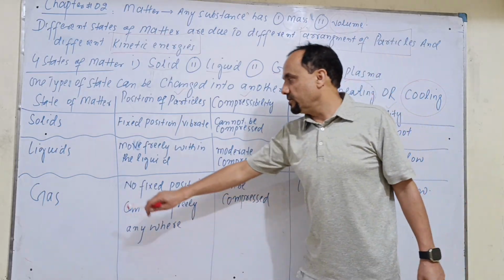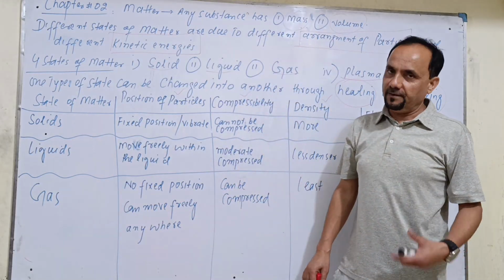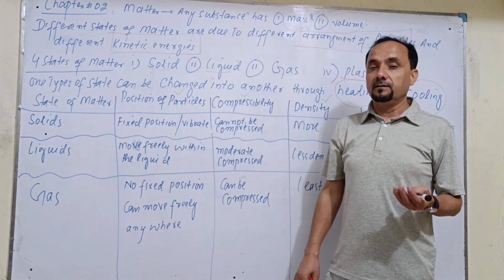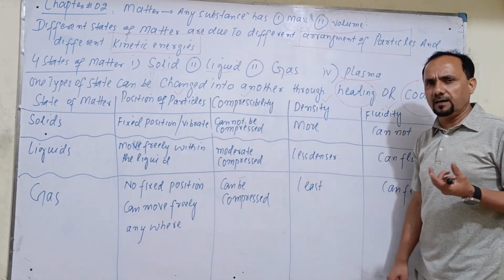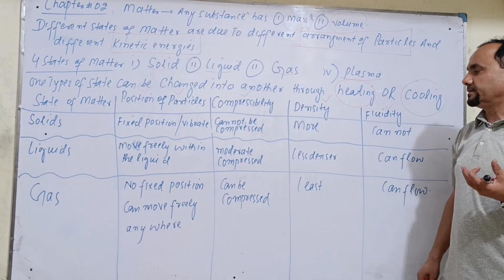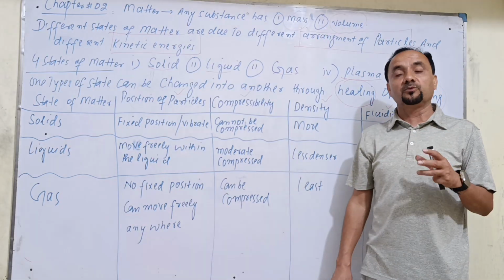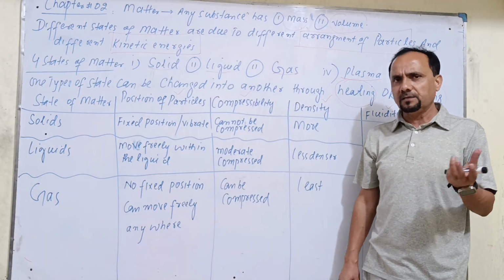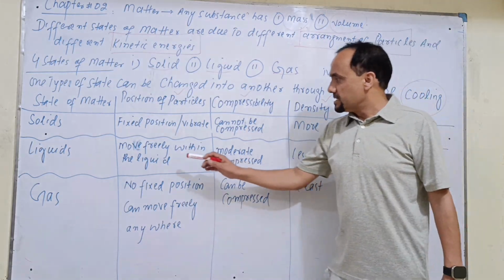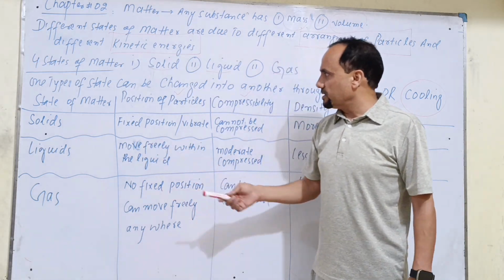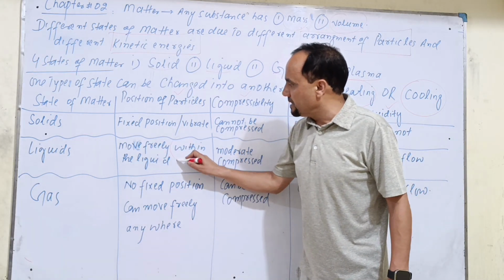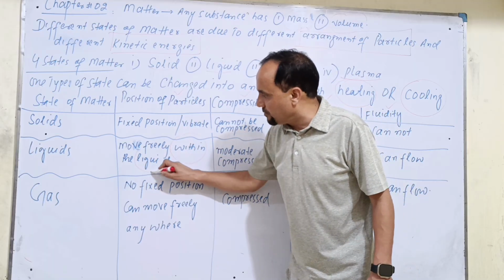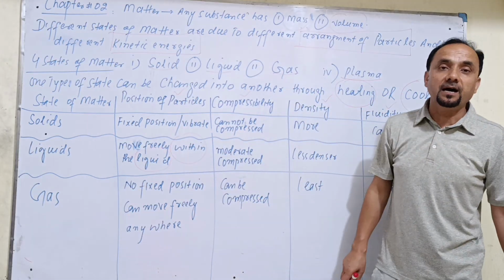The second one is about liquids. If there is a glass, or any thing that contains liquid, let's suppose it contains water, for example, a glass of water. So what about the position of the particles? The particles can move but within the liquid.